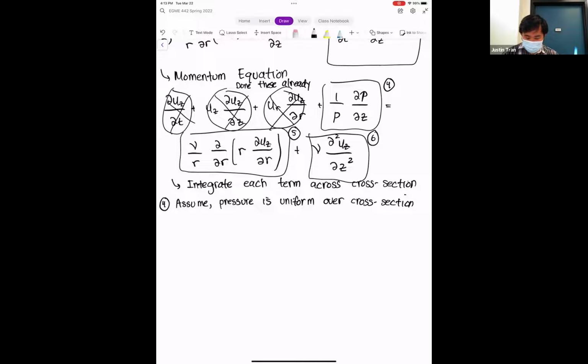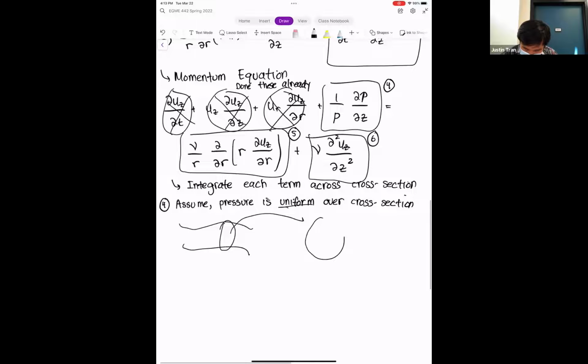All that means is, if I were to draw a cross-sectional slice, here's our vessel, and here is a slice, taking a plane and slicing it. So we have our little slice of blood vessel bologna. I'm taking that slice and viewing it from the front, so you have a front-on view of that cross section. All this assumption means is that this entire cross section should be at the same pressure.